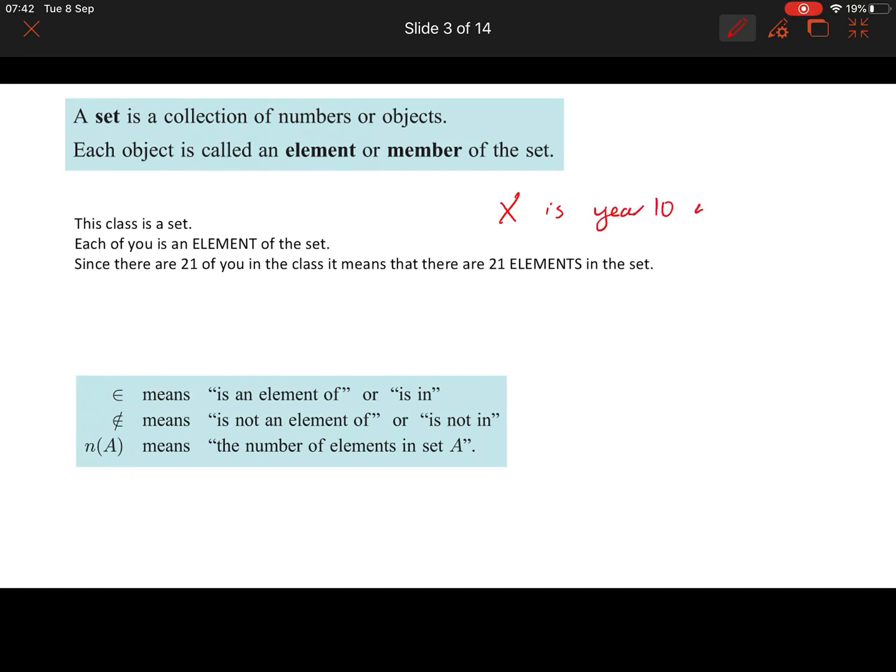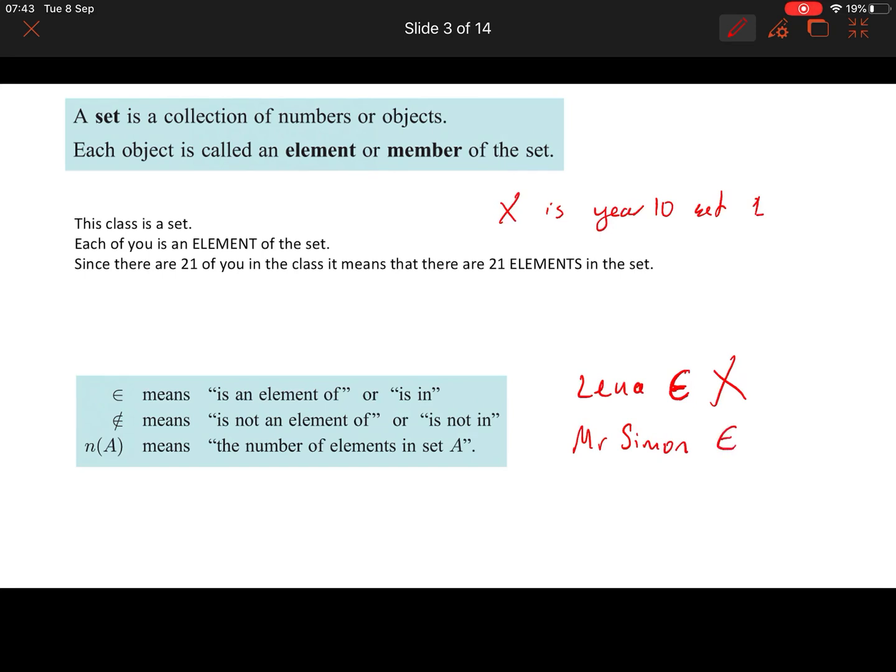So we could say something like, because if you remember, we said X is students in year 10, set 1. We could say Lena belongs to X. Okay?